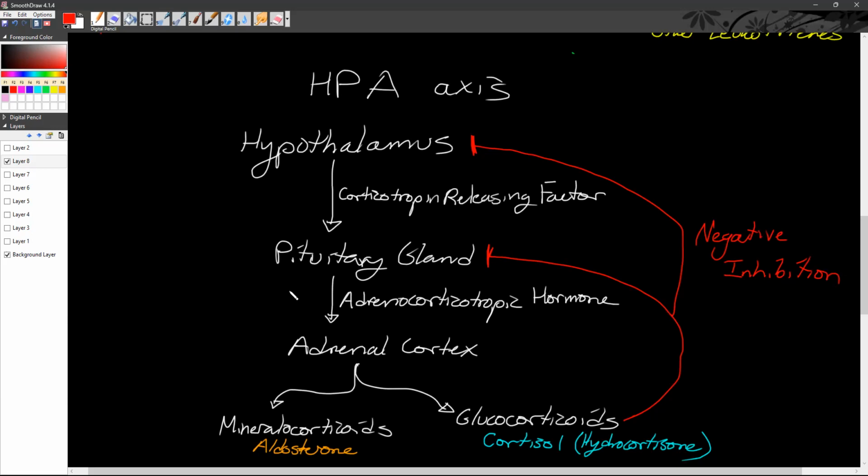If we didn't turn off the HPA axis, then we'd keep releasing cortisol, and eventually, once we get to high enough doses, we turn off the immune system, and then all of a sudden we're ready to be attacked by some bacteria that normally wouldn't kill us.